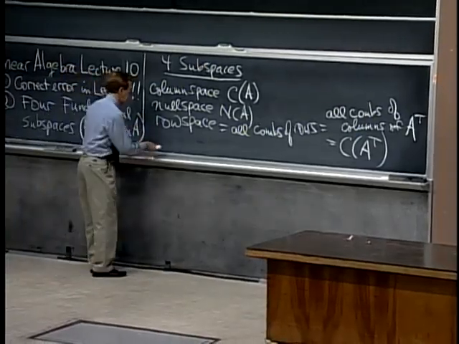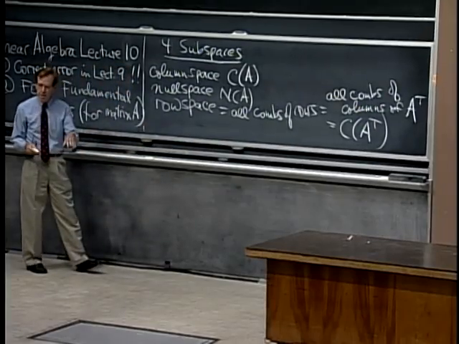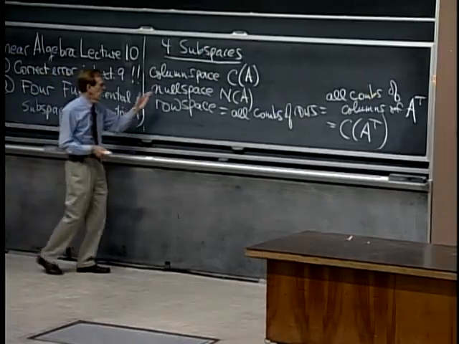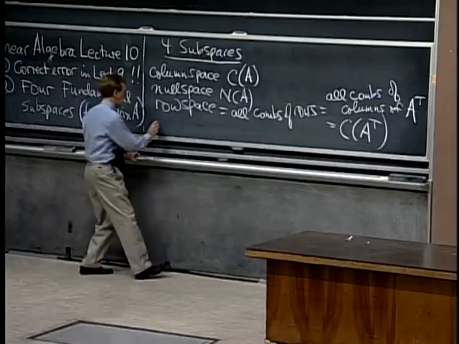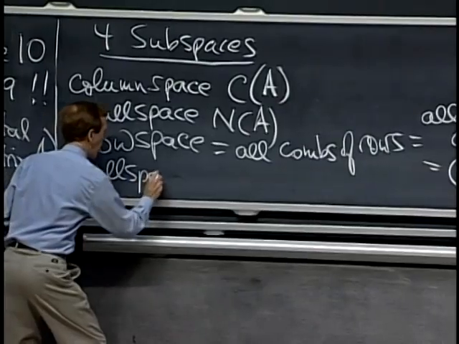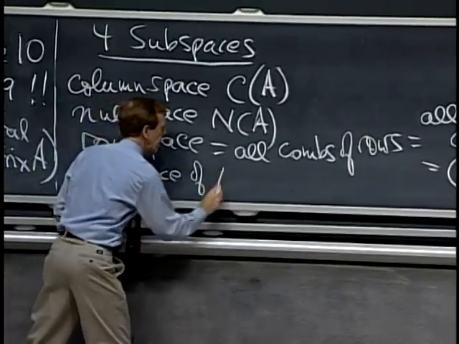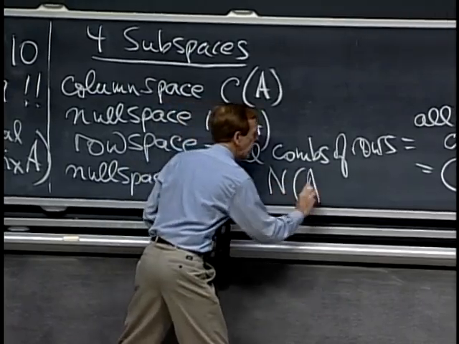Okay. And finally is another null space. The fourth fundamental space will be the null space of A transpose. The fourth guy is the null space of A transpose. And of course, my notation is N of A transpose.